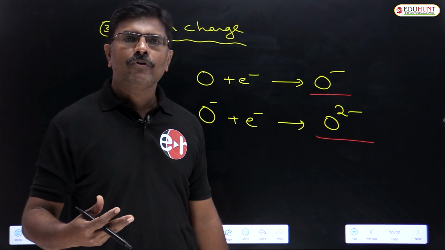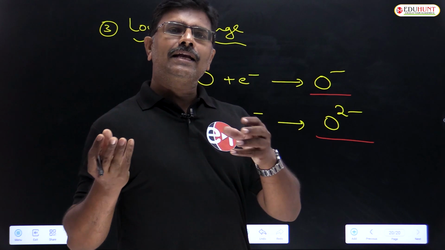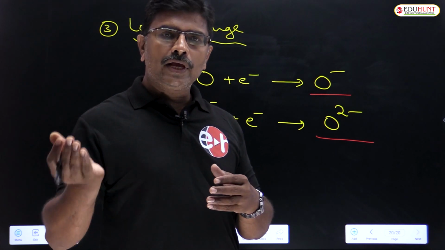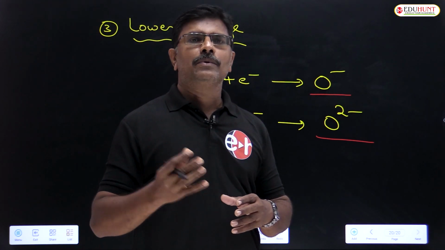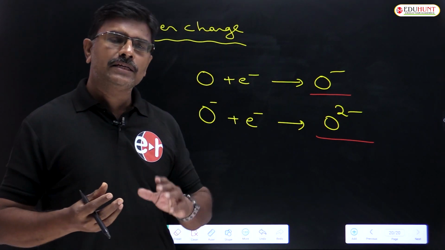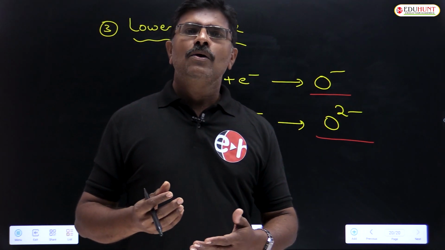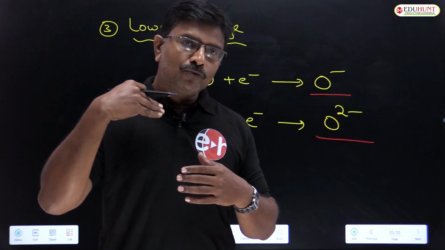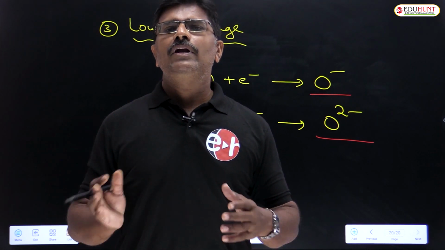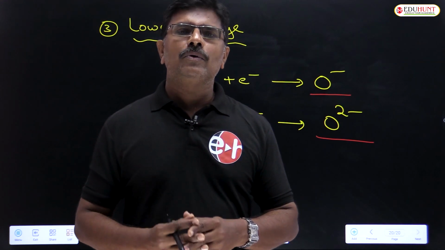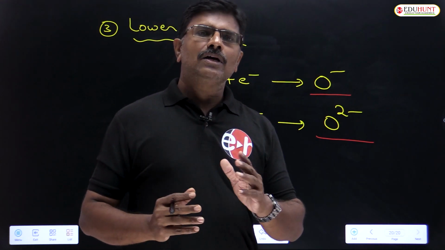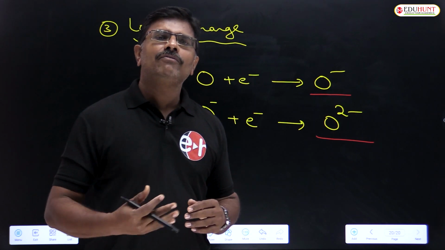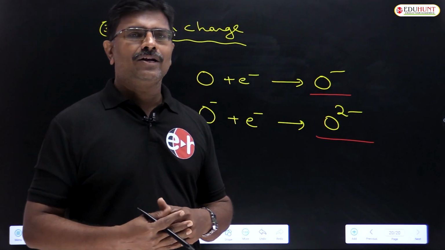If you add more than one, automatically the internal electronic repulsions that are going to be developed between these newly coming electrons and the already existing electrons would decrease the stability of that particular ion. So in order to form such kind of ion, definitely we need to spend more amount of energy. So based on that factor, it becomes very difficult to form such kind of ions.